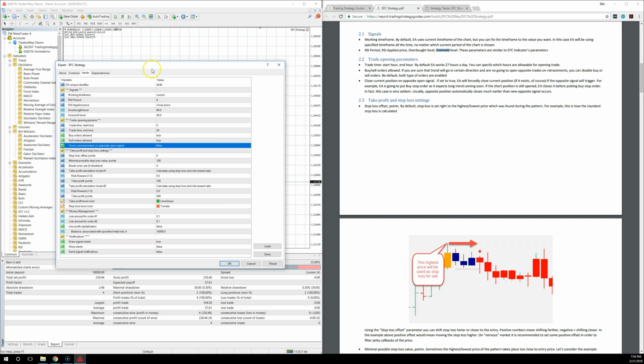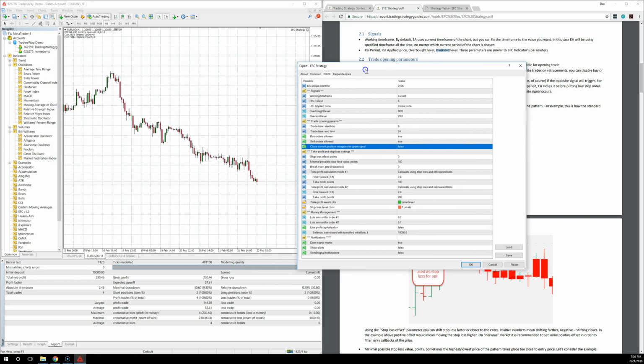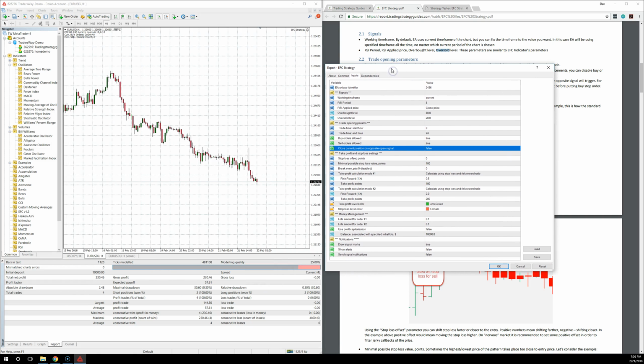So if you don't want it to be trading in the opposite directions. Basically, if it took a trade here to sell, and then right here it triggered a buy for some reason, what that would do is this one would be closed out, and this one, the buy, would be open.